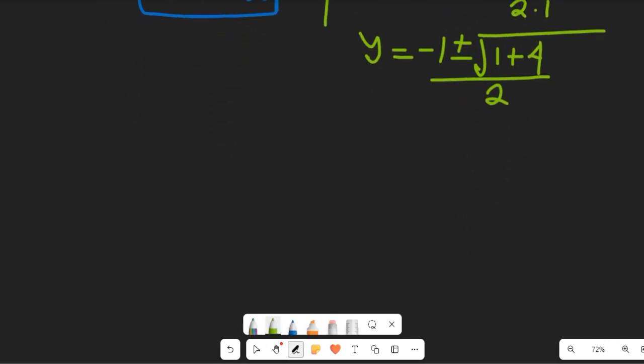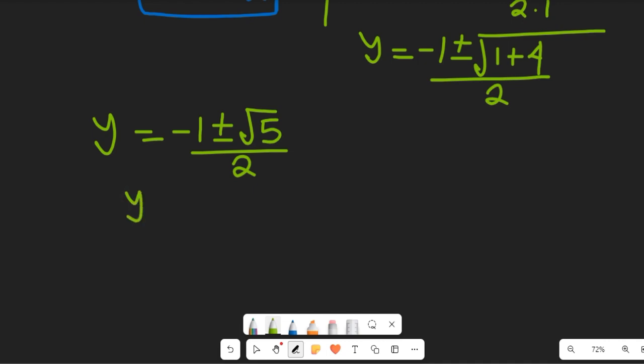Simplifying that, we'll have the value of our y equal to -1 plus or minus the square root of 5 divided by 2.